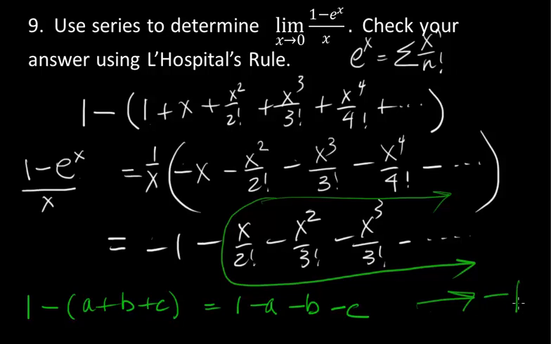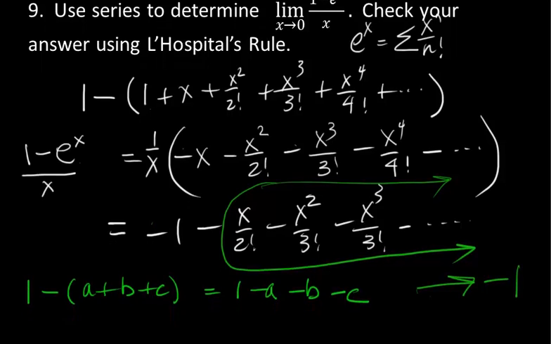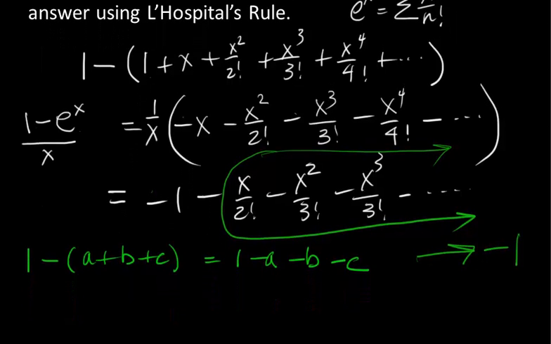Now it did say to check using L'Hopital's rule, and that was part of our study in Calc 2. So let's see how we would do that. Our function is 1 minus e to the x over x. And we notice before you use L'Hopital's rule, you have to make sure that the top and bottom are both becoming infinite or both going to 0.